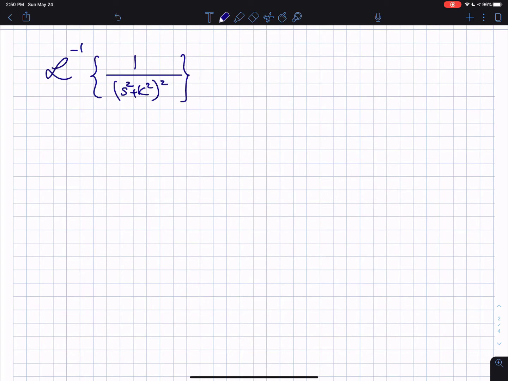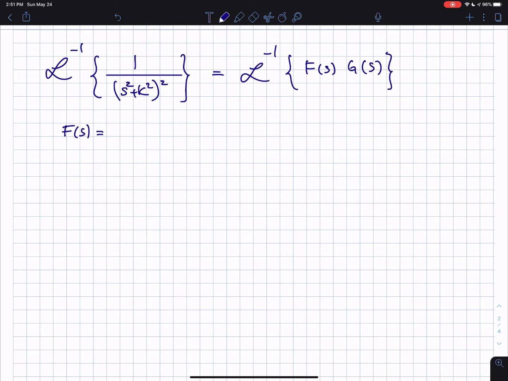So what's the Laplace inverse of 1 over s squared plus k squared, to the power of 2? Well, let's look at this as f of s. I'm trying to look at this as the Laplace inverse of f of s times g of s, so I can invoke the convolution.